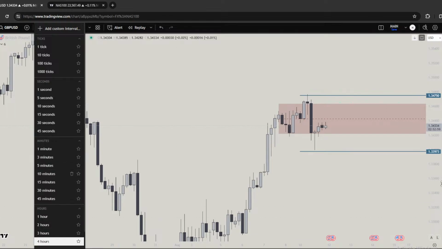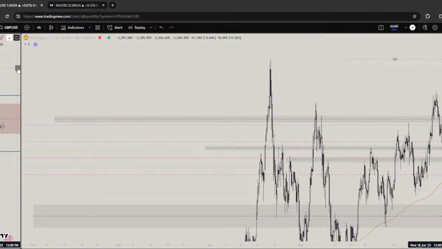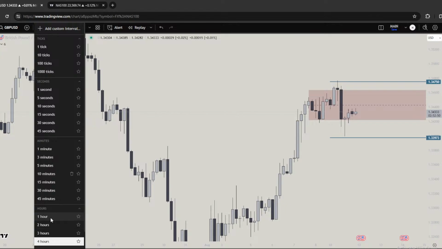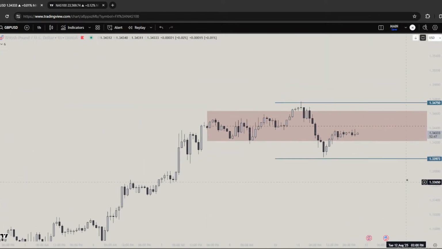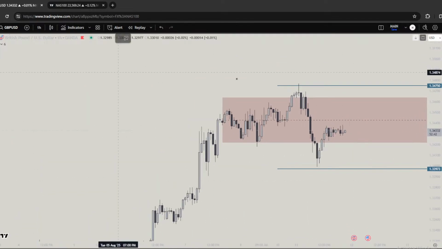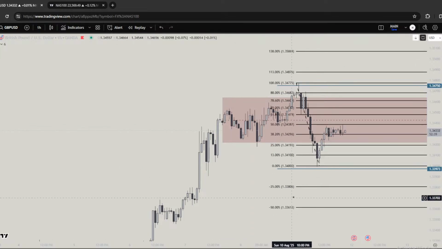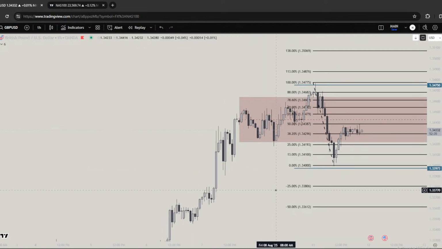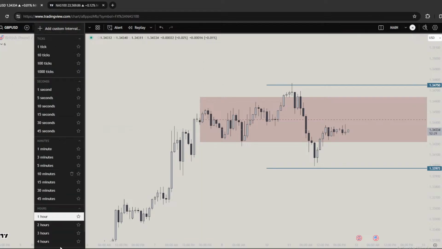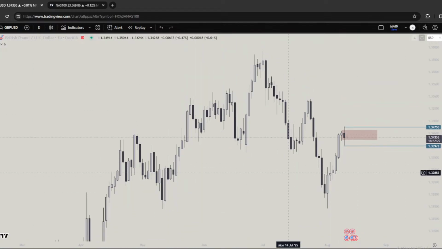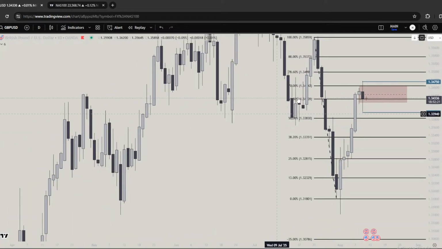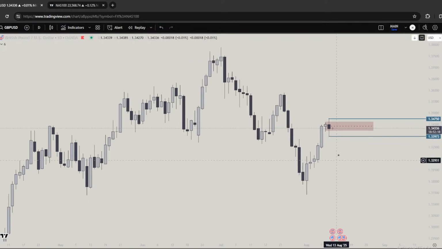We haven't got that bigger pullback, but GBP, you have to play that on a higher time frame. On a higher time frame on GBP, we've got that bigger, deeper pullback.